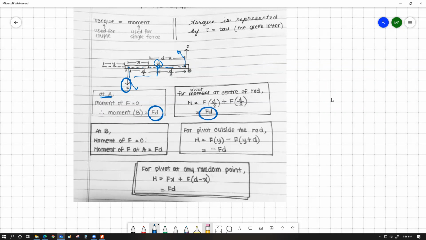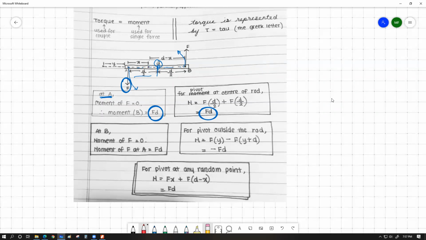Same thing as earlier. Then again, if you don't want to consider exactly the midpoint, and want to choose any random point in between the two forces as your pivot point, let's say this random point, I'm using red over here.